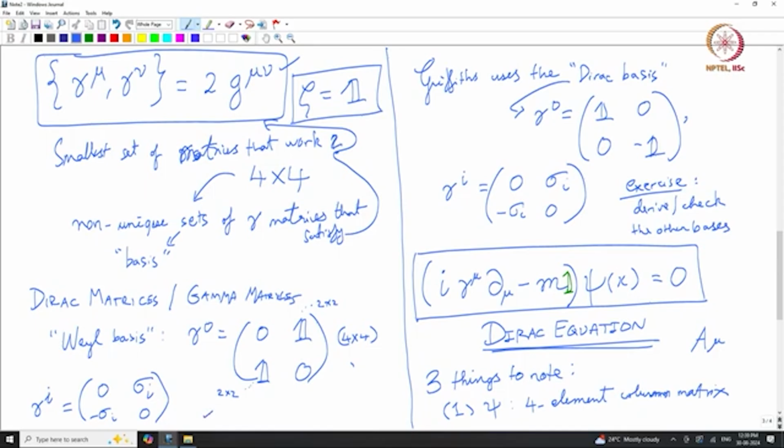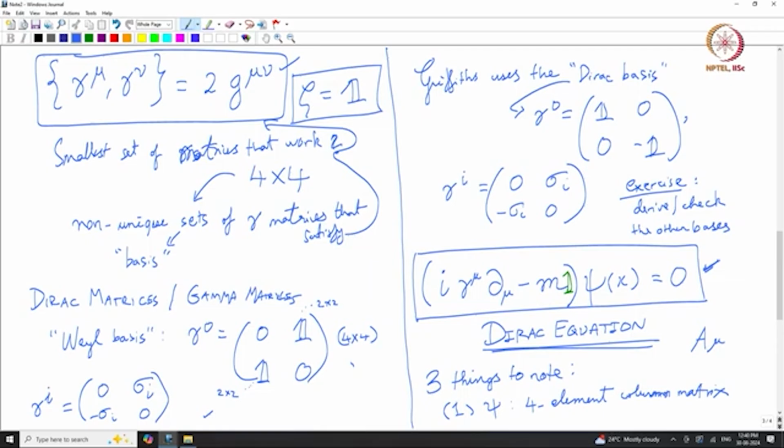Whatever be the case, we ended up getting a nice simple looking, one of the most important equations in physics, the Dirac equation, right? And of course we know better than Dirac himself now not to interpret the psi as a wave function, but as a quantum field, just like any other quantum field. So it is also a quantum operator that can create and annihilate particles in Fock space.